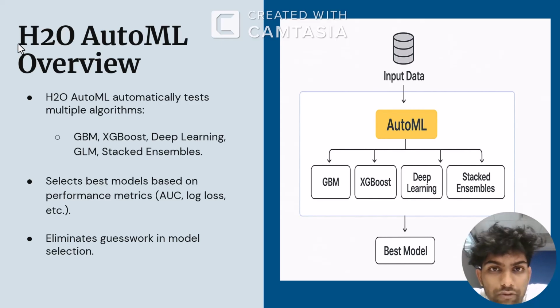The fun fact about this model is that we don't have to guess about the score. It eliminates the guesswork in model selection, and it always gives us the best model from all the models that were trained for this project.